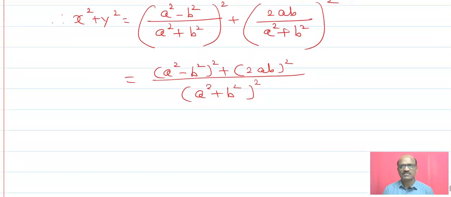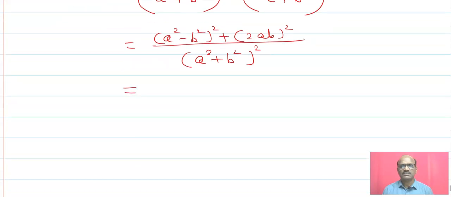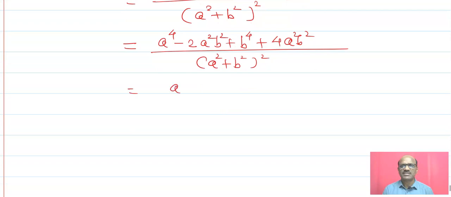Now see this. Therefore, expand this: a square minus b square whole bracket square is a raised to 4 minus 2 a square b square plus b raised to 4, plus 4a square b square, upon a square plus b square bracket square.